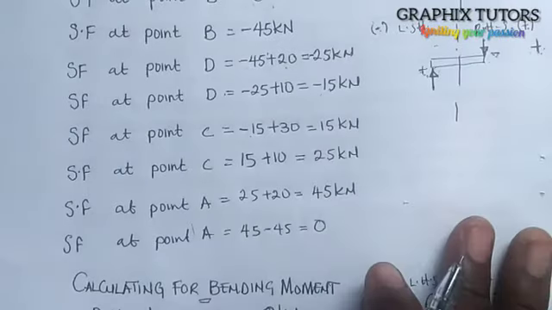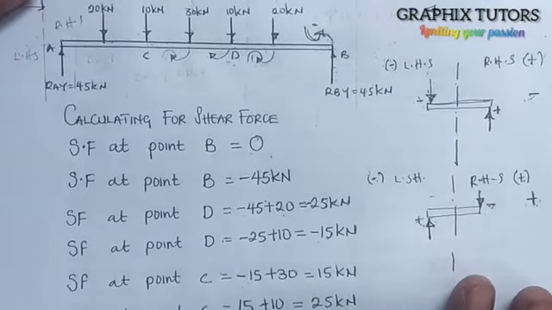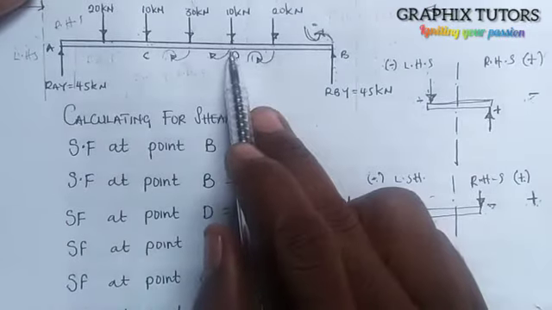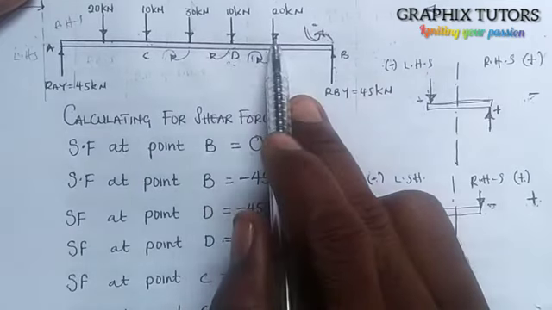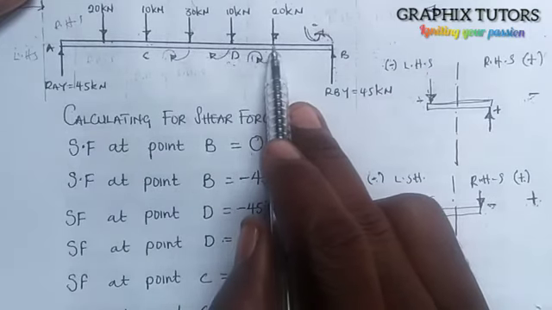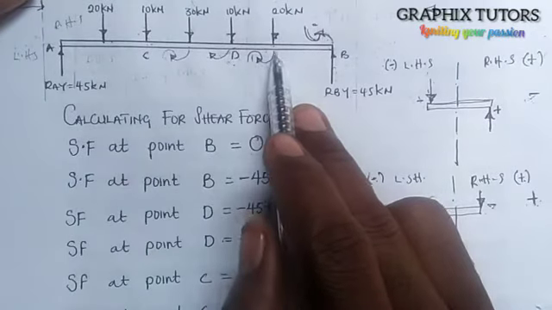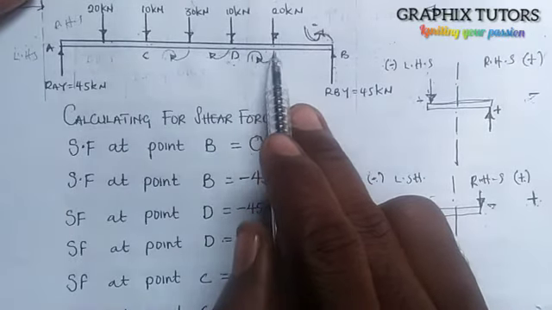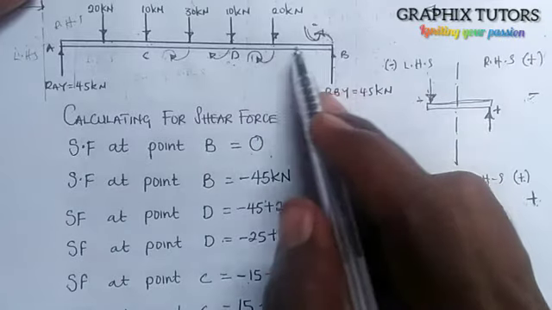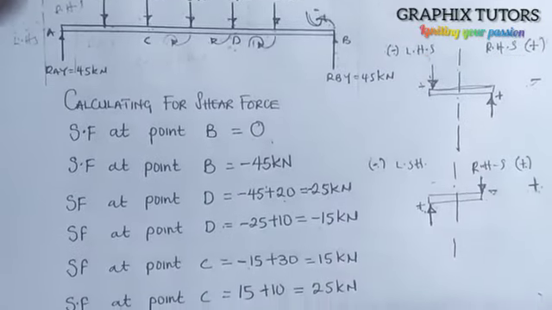Plus, the next one is this. Let's see. After the 10, we have another one, which is 20. Also going towards C. So the force is 20 and it's going clockwise. So that is also negative, right? So we have minus 20.